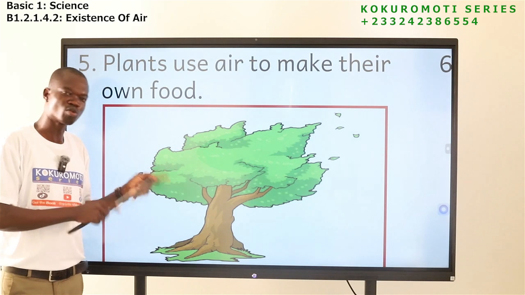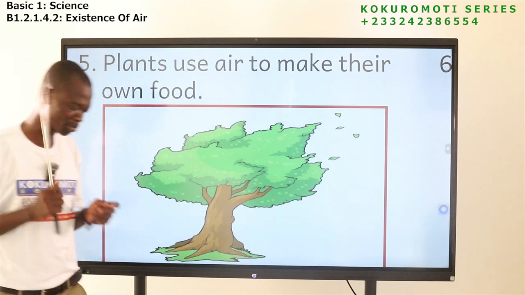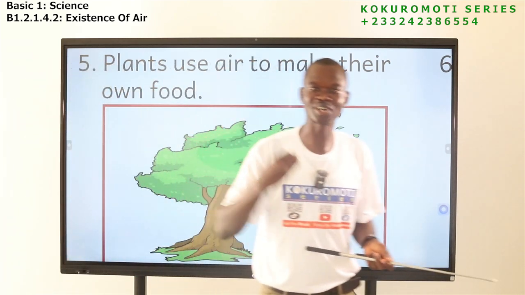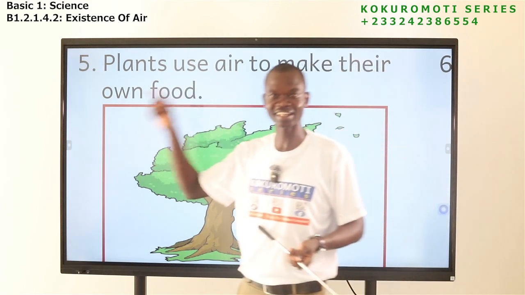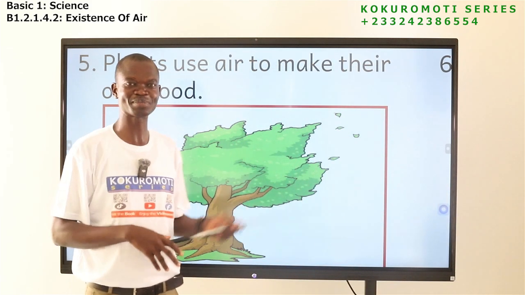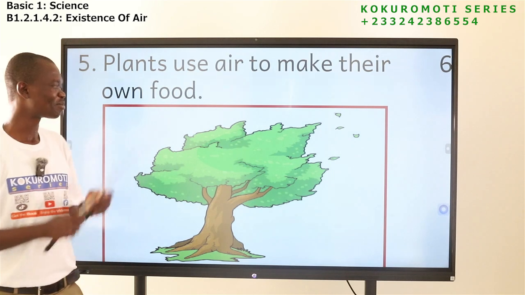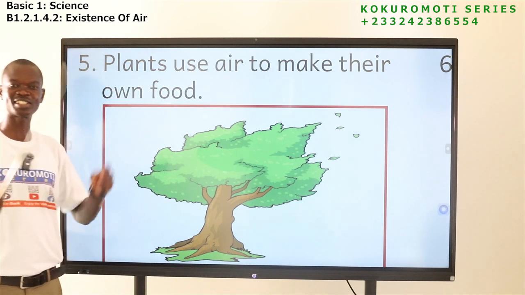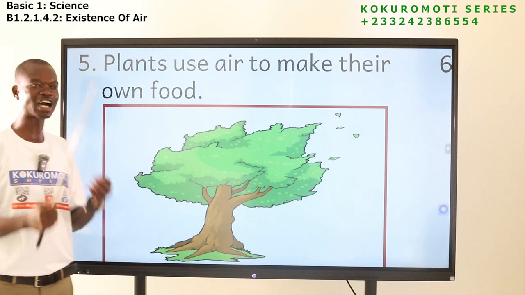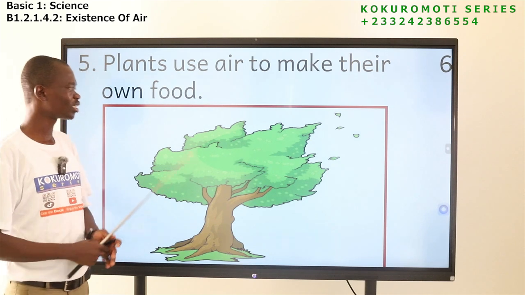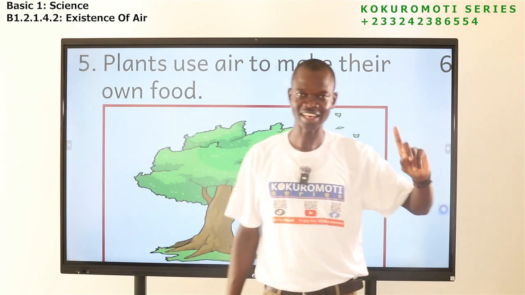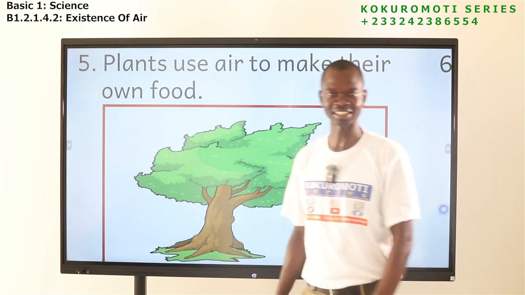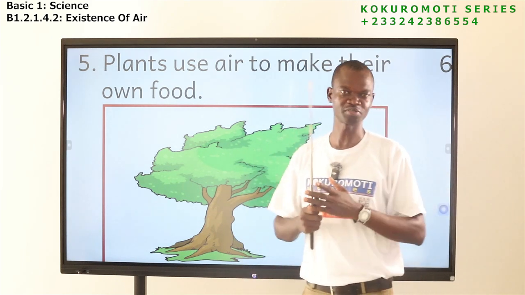Where do plants also go for food? I'm asking you. Do plants come to us in the house for food? Do plants go to the market to buy foodstuffs to prepare their food? No. Plants have a special way of making their own what? Food. So what they do is that they use the sun, the air, and what? Water in the soil to make their own food.